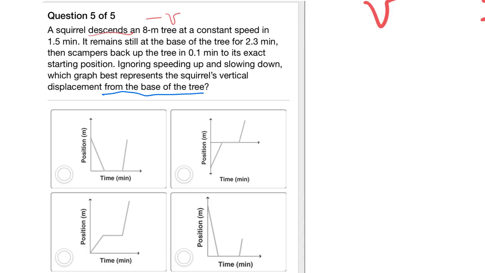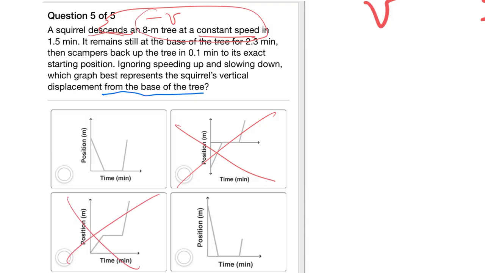That's negative velocity. And it'll be a straight line because you're going constant speed, a straight downward slope line. So, where do we have a straight downward slope line at the beginning? We don't here. We have uphill. We don't here, so exclude those.